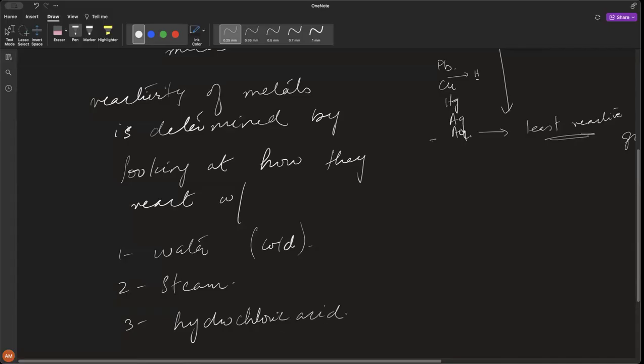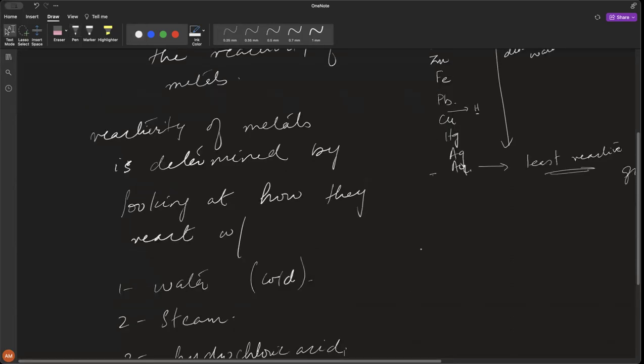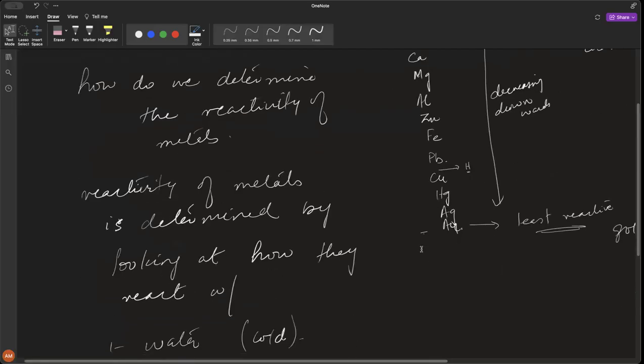All right. We look at how metals react with water, steam, and hydrochloric acid. All of these metals would have been reacted by the scientists with water, and they tried to analyze which of them react with simple water. Cold water means water at room temperature.